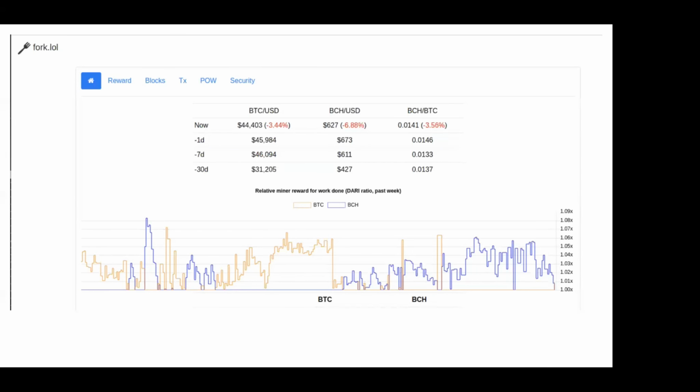So then miners from the original Bitcoin network all moved to Bitcoin Cash because they could produce blocks more quickly and get more money. So then that pushed the Bitcoin Cash difficulty up and pushed the Bitcoin network difficulty down. And you got this sort of seesaw effect of miners swapping back and forth as the difficulty seesawed back and forth. If you go to this site, fork.lol, you'll see this kind of thing, although the process has settled down a bit now.